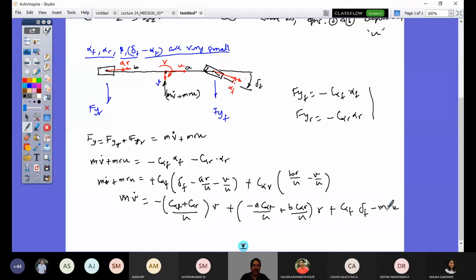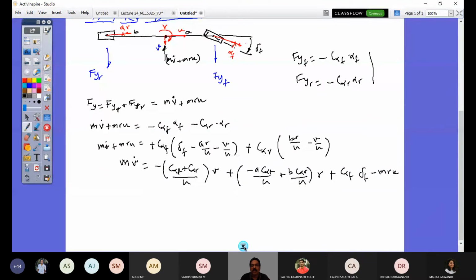So now what am I going to do? Instead of that, I'm going to divide this entire equation by mass. So if I do so, I would get V dot equal to minus C alpha F plus C alpha R by MU into V, plus within bracket minus A C alpha F plus B C alpha R, whole divided by MU.